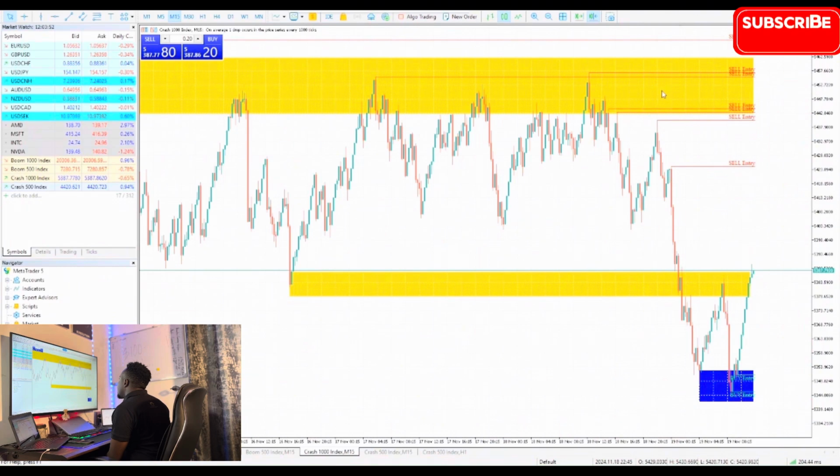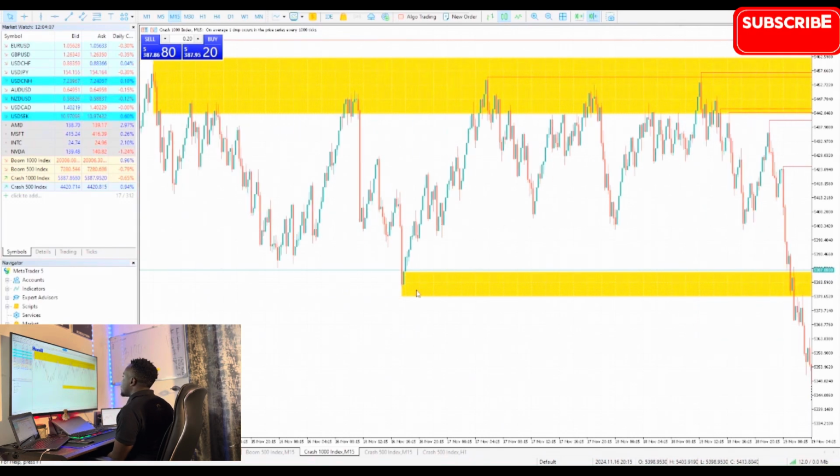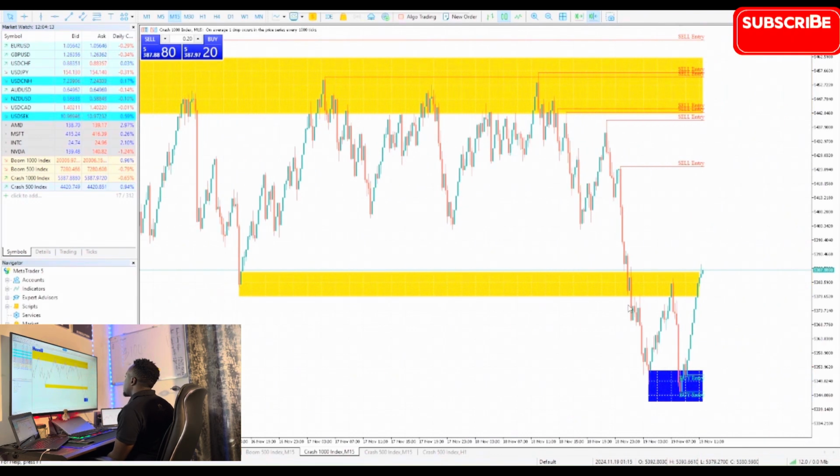There was a resistance zone right here, and like I said, once you see your resistance zone in your 15-minute time frame, you're just now looking for sell entries to be given to you by the indicator. Okay, and there was a little bit of consolidation, but I already marked that this was a support and this was a resistance, right? But then price broke out of that consolidation, so this consolidation ended, and then started to create waves here.